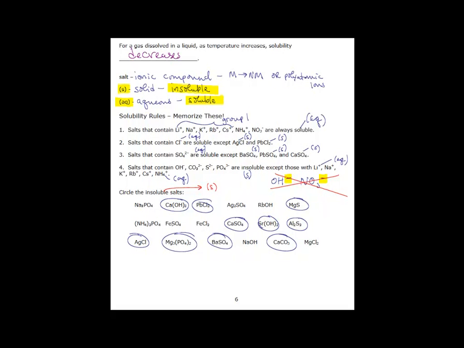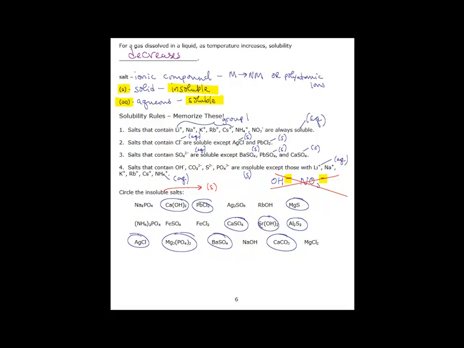Iron 2 sulfate, all sulfates are soluble except for barium, lead, or calcium. So Fe is neither of those three. FeCl3, iron 3 chloride, see rule 2. So if it were Ag or Pb, then I would have circled it, but since it's iron, it's soluble.